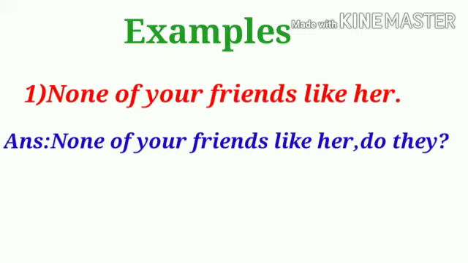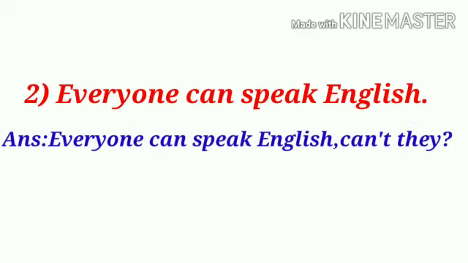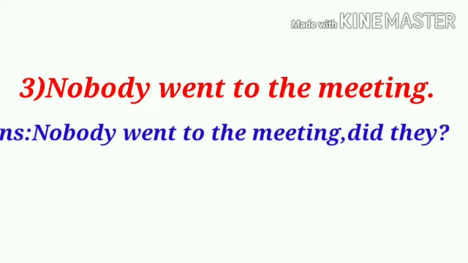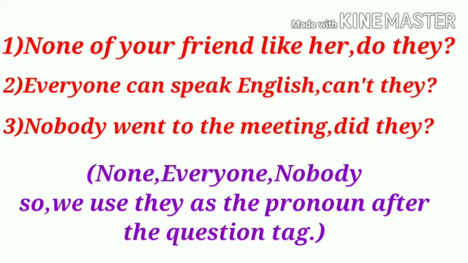Do they? Everyone can speak English. Can't they? Nobody went to the meeting. Did they? So children, as you can see in all the three sentences, we have used none, everyone, nobody. So we are going to use they as the pronoun after the question tag.